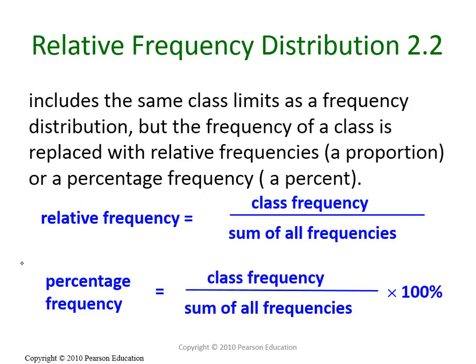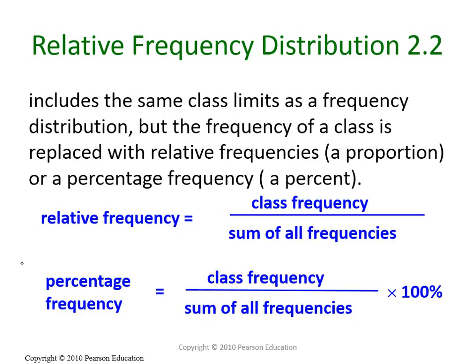So to tell me that we had 5 people that spent less than $10 tells me something, but is it 5 people out of 10 customers? Is it 5 people out of 50 customers? Or is it 5 people out of 250 customers? That makes a huge difference.